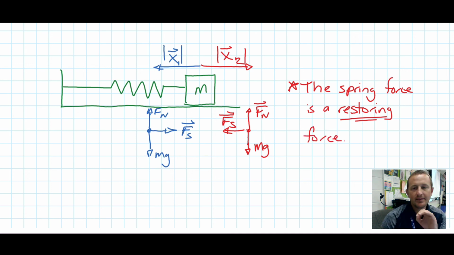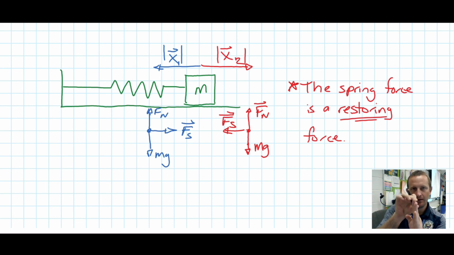And what that means is that it's going to try to restore the object back to its equilibrium position. So if the object is over on the right and the spring force is oriented to the left, it means its equilibrium position must be to the left. It's going to accelerate, it's going to pull that block back towards the equilibrium position.